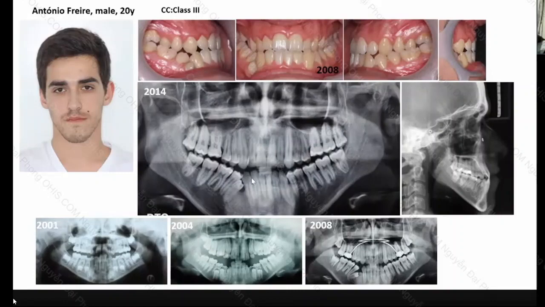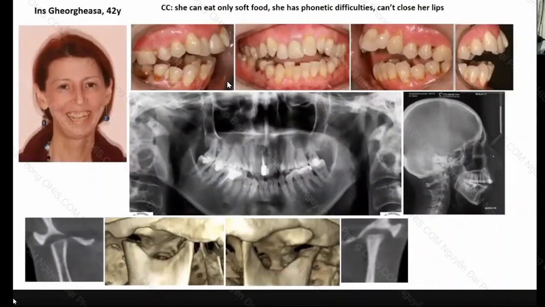And another case, this 42 years old lady. She had left side third molar extraction a long time ago, but the right side third molar still exists. Therefore, all these buccal segments inclined forward and the anterior bite opened, and also a joint problem started.